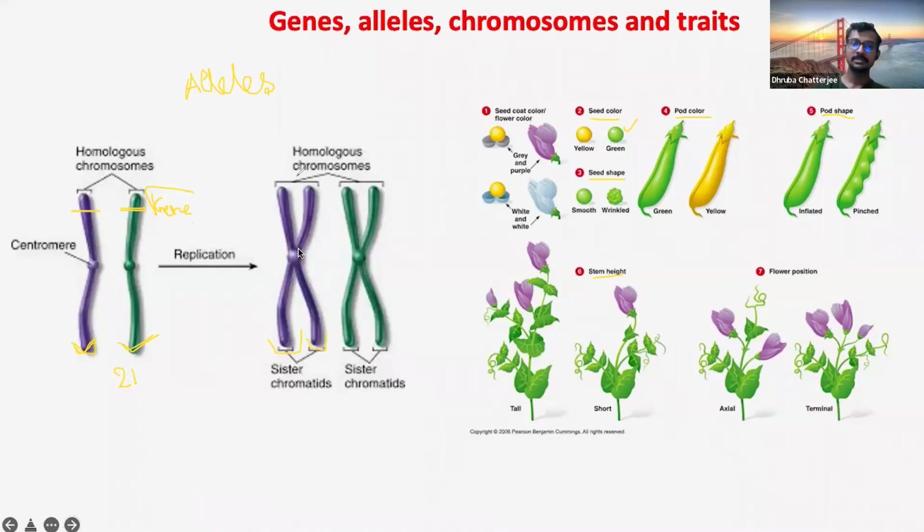And then there will be segregation of these chromosomes to each gamete. There will be four gametes, each will have one chromosome. And finally, your gametes will be haploid, right?